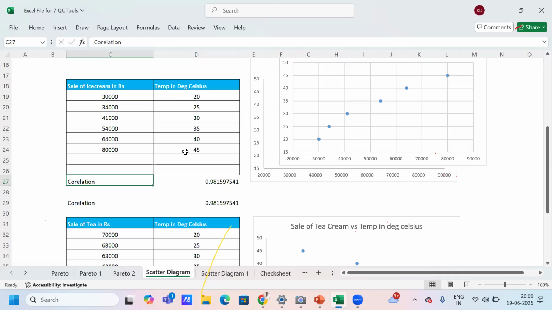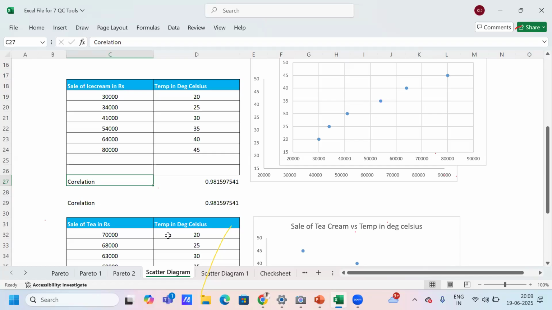Suppose I am an ice cream shopkeeper and I collected data from my shop. I plotted a scatter diagram, and suppose there is a prediction that next week the temperature will be at the highest level in Pune city, near about 40 degrees Celsius. Then I need to assume that my ice cream sale will be high, and accordingly I can purchase stock.